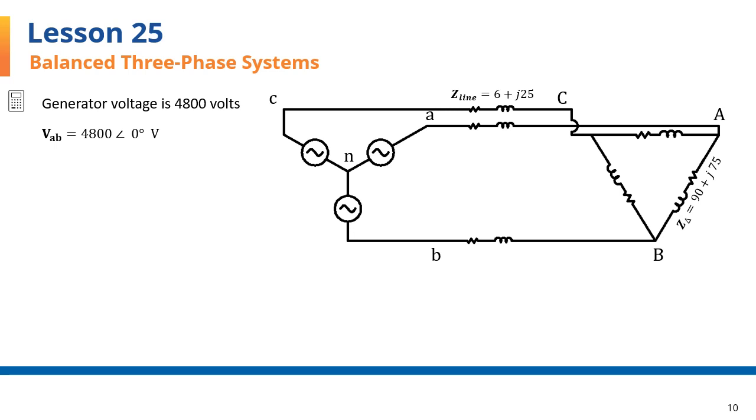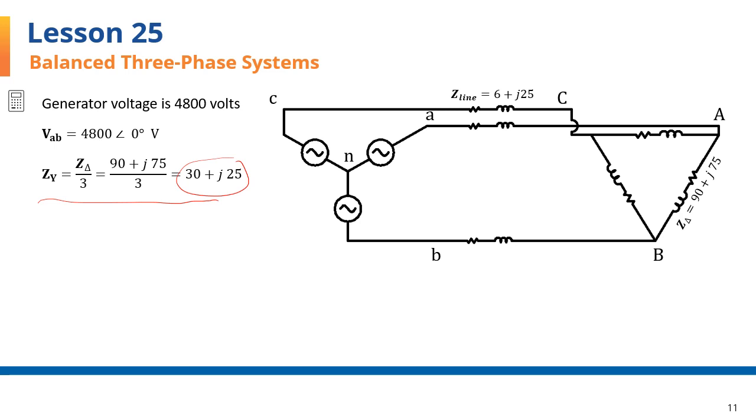You just need to divide the per phase load of a delta-connected set of impedances by 3 to convert to Y. So in converting the load of this example to its equivalent Y-connected load, each leg of the Y-connected load will be assigned an impedance of 30 plus j25, or a third of this value here. As shown on this line here, ZY equals 30 plus j25.